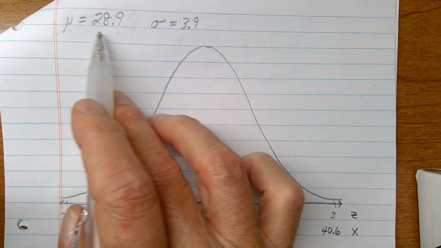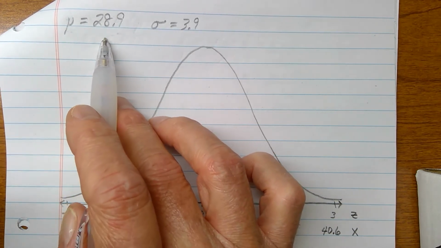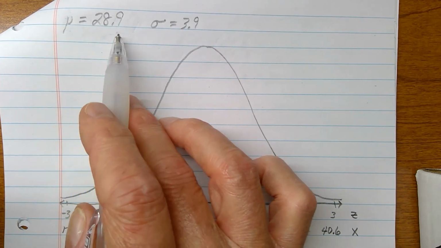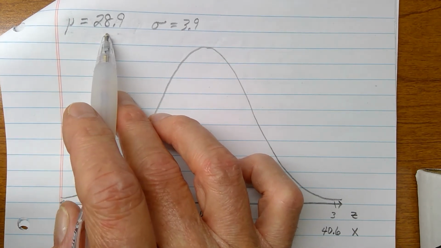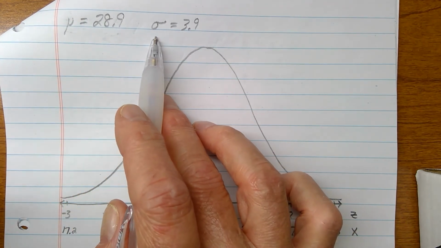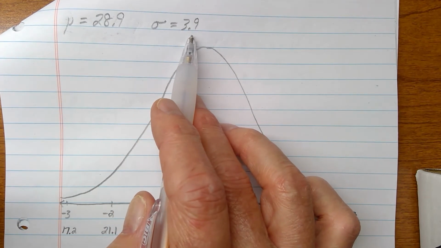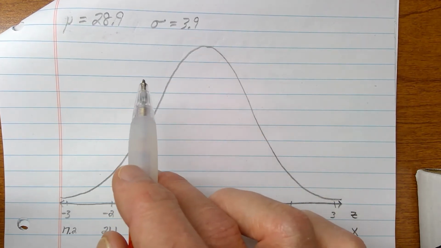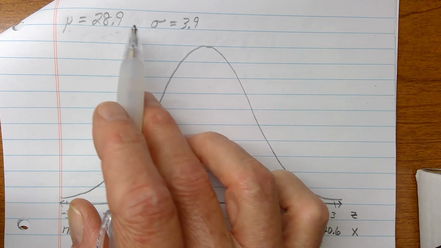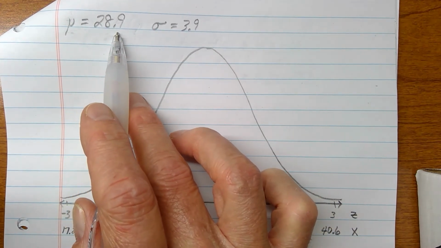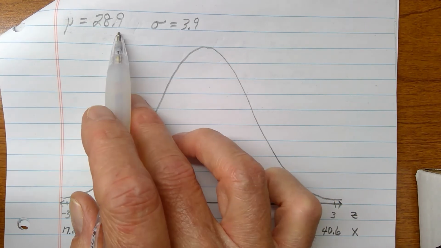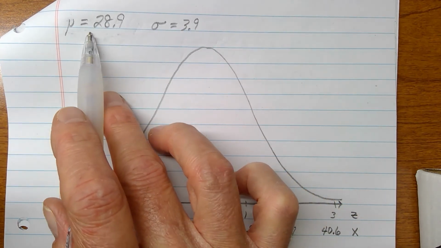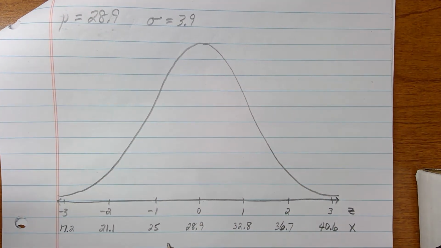I added them all up, divided by 30 students in the room, and came up with an average of 28.9. Then I calculated my standard deviation, and it's a give or take of 3.9 points either way. So the class average is 28.9 points, give or take 3.9, which means if you add or subtract 3.9, that should be most of the class.